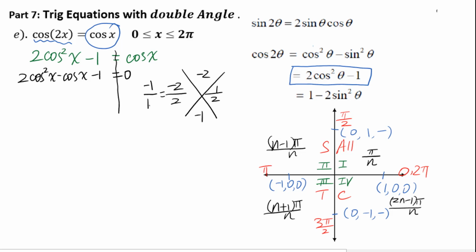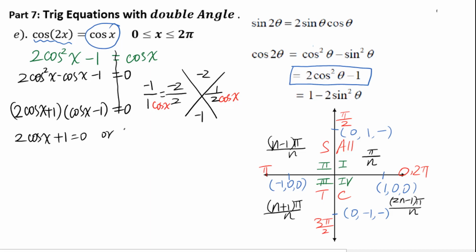Then you need to write down the variable. Variable is cosine x. So bottom up, write down the equation. 2 cosine x plus 1 times cosine x minus 1 equal to 0. So you get 2 cosine x plus 1 equal to 0, or cosine x minus 1 equal to 0.